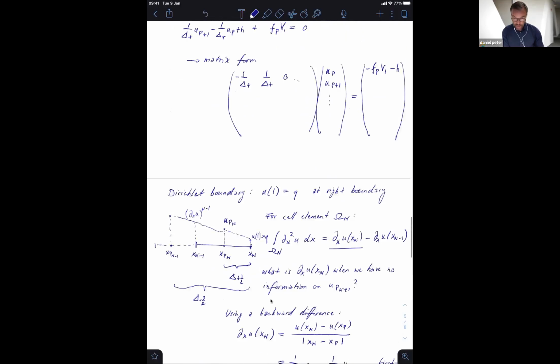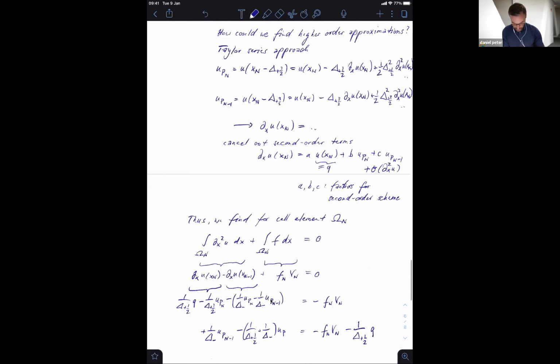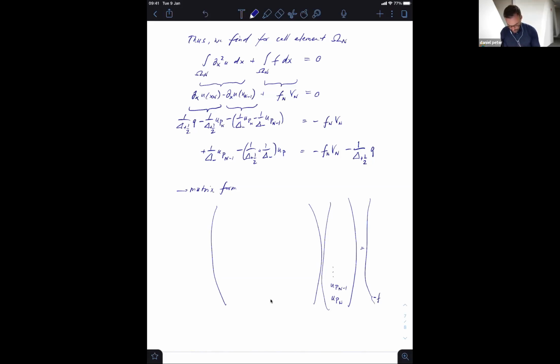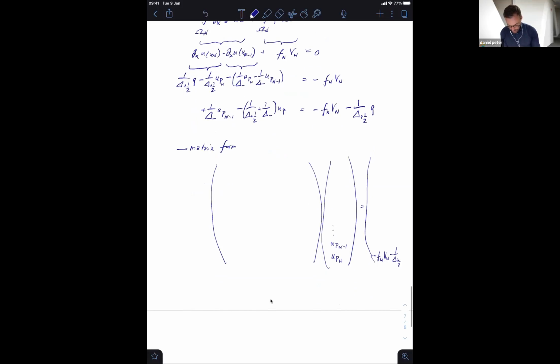So if you think of the matrix form like in this case here, so the stiffness term, we would have the very last point is upn, and then the second last n minus 1, etc. equal to the fourth term here, we would have Fn Vn minus this delta factor times Q. And then the element entries, we would have these distances.